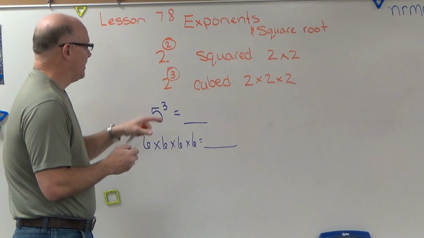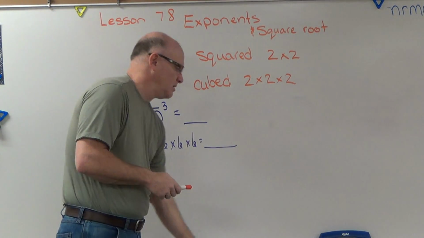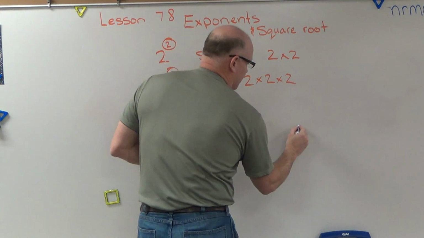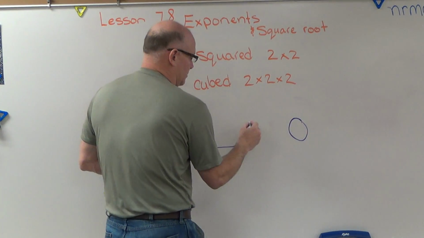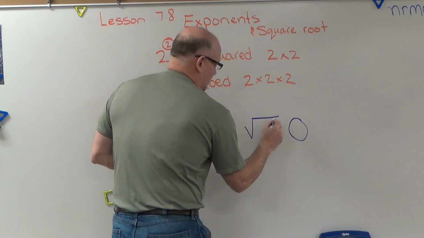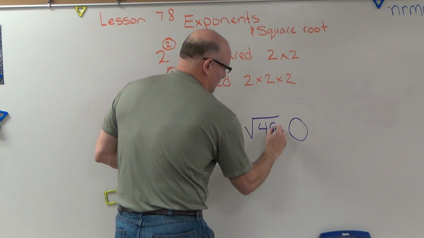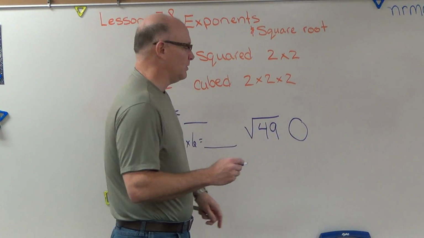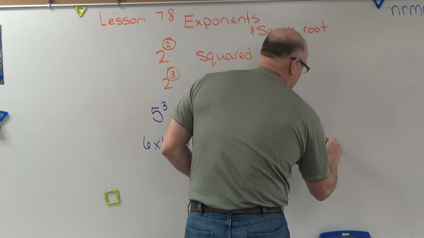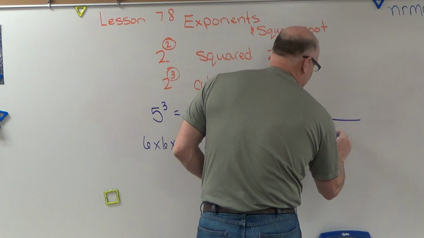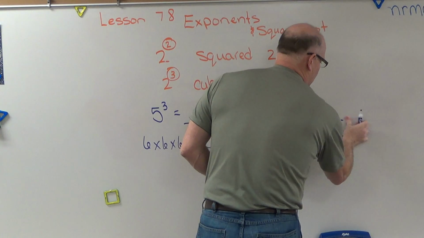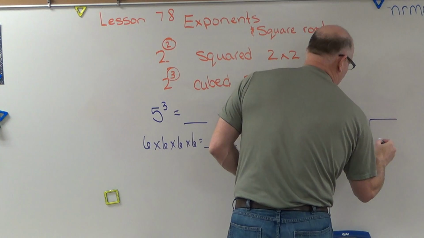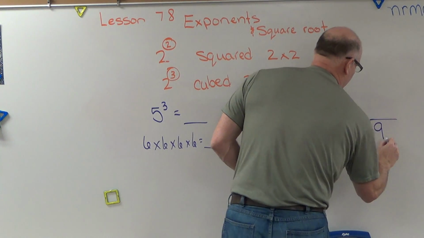And then let's do one with square root. Let's say I want you to compare the square root of 49. Is that going to be greater than, less than, or equal to the square root of 16 plus the square root of 9?